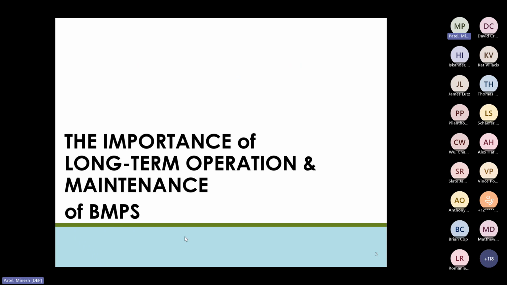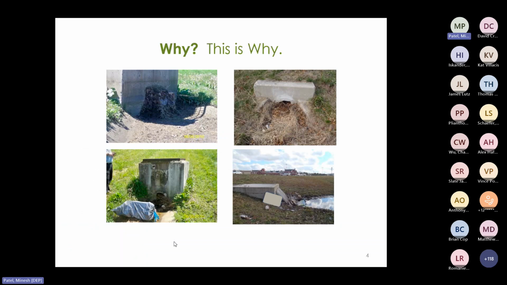BMPs are pollutant removal mechanisms, as you know, and if they stop working according to their design, or if they even fail, there can be serious consequences that impact the environment. Since BMPs are designed to remove trash, debris, and sediment, they can often get clogged if maintenance is not performed.